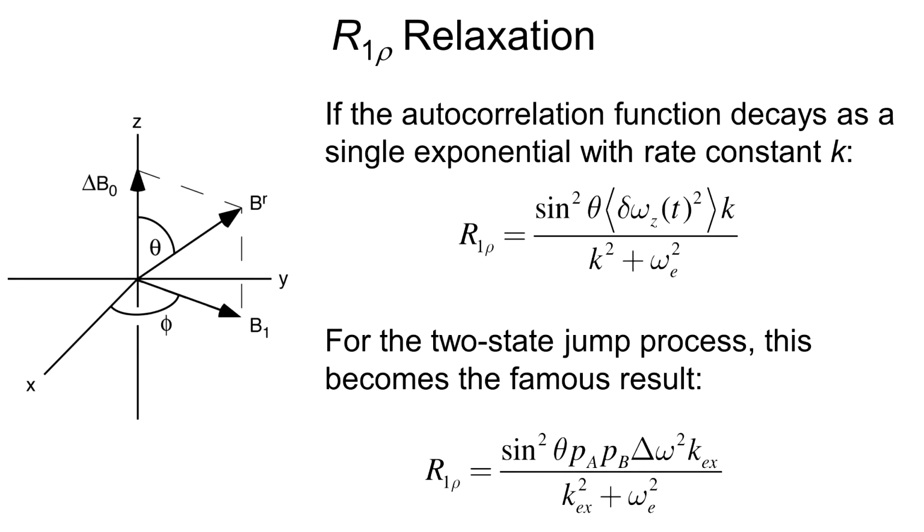And now remember that omega E was defined relative to the offset. I wasn't completely clear what I meant by offset when I'm jumping, but that's going to be the average resonance offset in the fast limit. Remember, in the fast limit, the line has collapsed to a single resonance at the average.